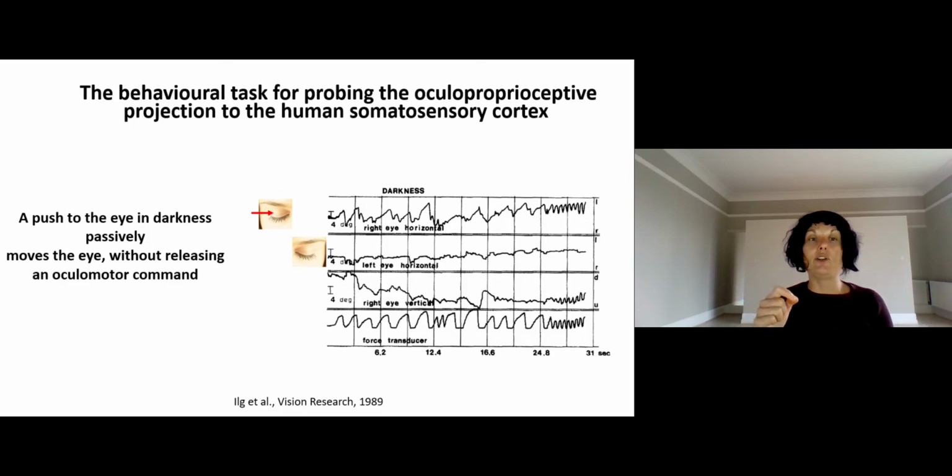This intervention, when done in complete darkness or on a closed eyelid, causes a movement of the pushed eye in the direction of the push, whereas the other eye is still. We know that because Ilg and colleagues have recorded eye traces with a very sensitive eye tracker when participants did this task in complete darkness, so with the eyes open in complete darkness.